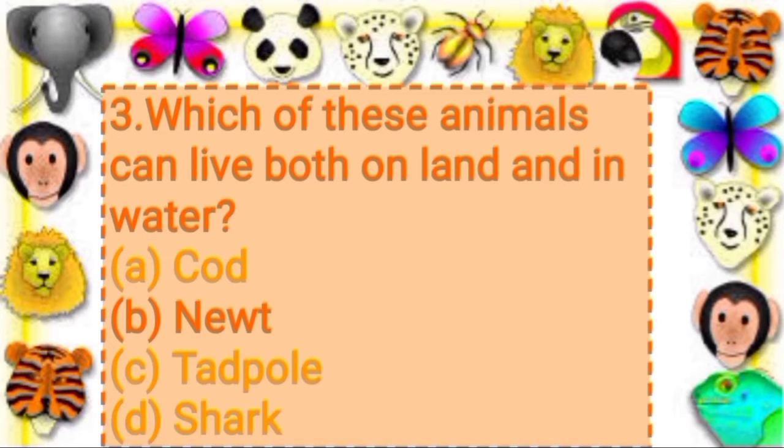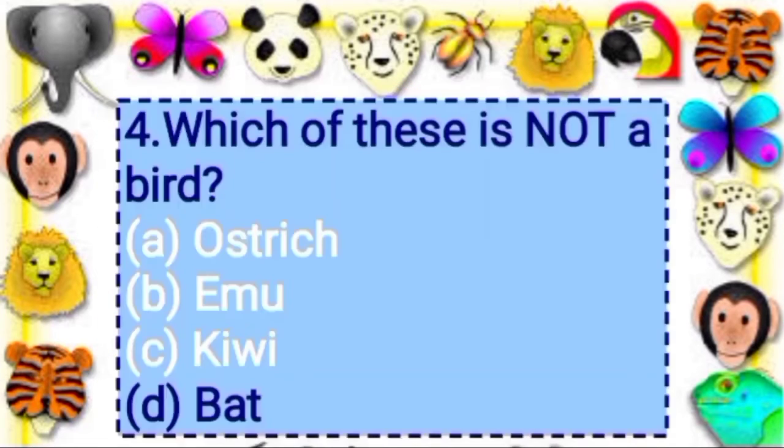The answer is option B, newt, which is an amphibian, which means an animal which can live both on land and in water.